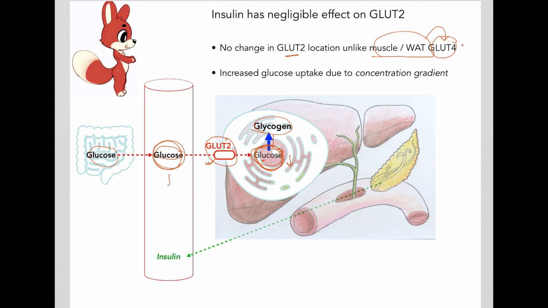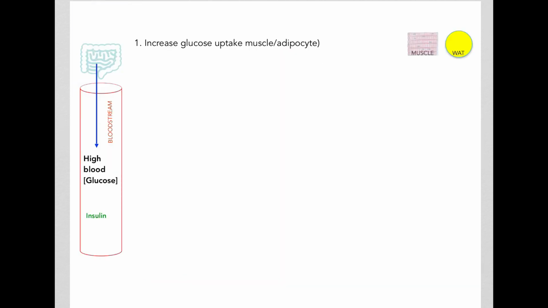So glucose concentration in the blood is high, glucose concentration in the cell is low, the concentration gradient is very large, and that will cause more and more glucose to enter the hepatocyte. So increased glucose uptake in the liver is mostly due to concentration gradient difference. Let's now look at glucose uptake in muscles and adipose tissue.